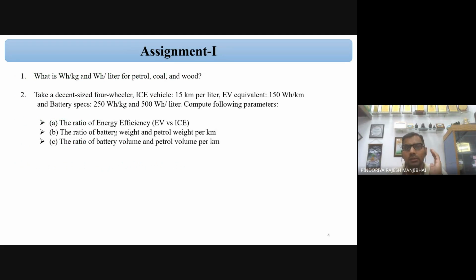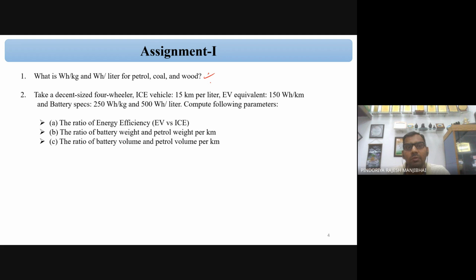In the last class, I gave two assignments, a total of three questions. The first question is: what is the watt hour per kilogram and watt hour per liter for petrol, coal, and wood? Suppose you have energy in the form of petrol, coal, and wood.